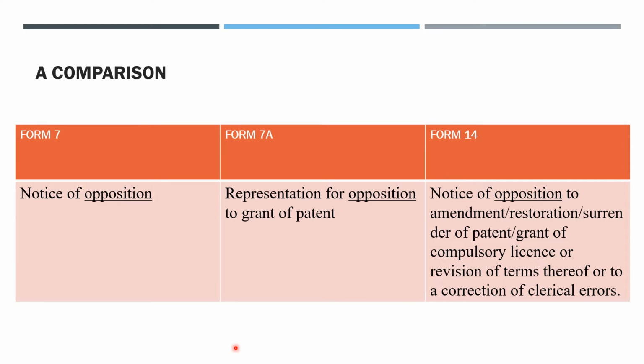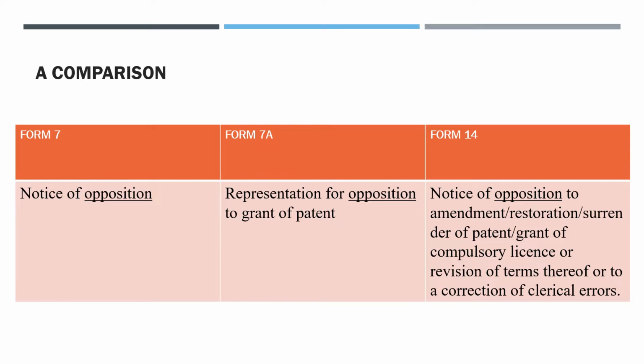Okay. So when you compare these three forms, I think it will be crystal clear for you to differentiate between the three, and you will not be confused anymore. Okay friends, that's why I have tried to compare all the three forms here for a clear understanding.